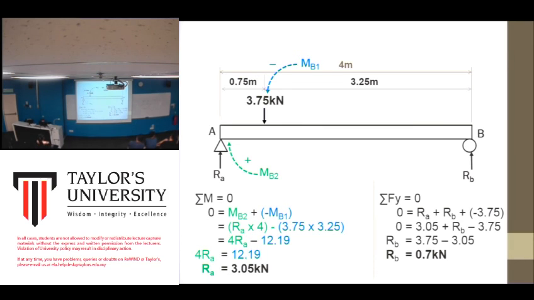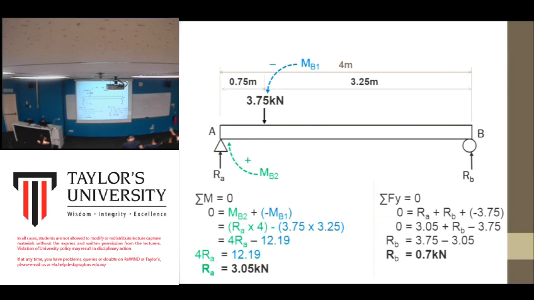No, because now the arrow direction is down. The arrow is just to show whether it is positive or negative, clockwise or anti-clockwise. Let's say you have another support here, of course there will be another arrow. But you have to know whether the arrow is negative or positive.